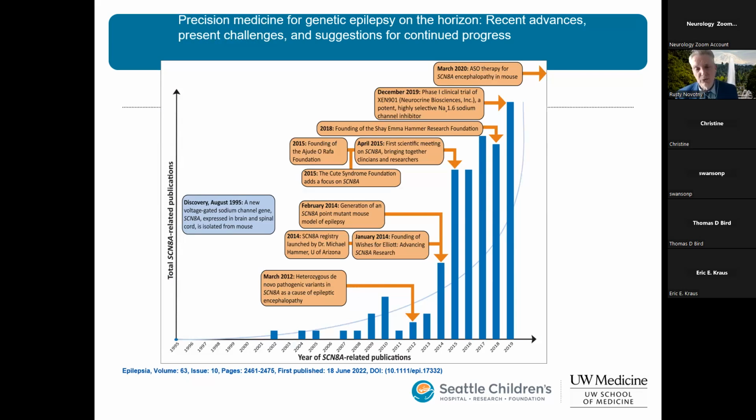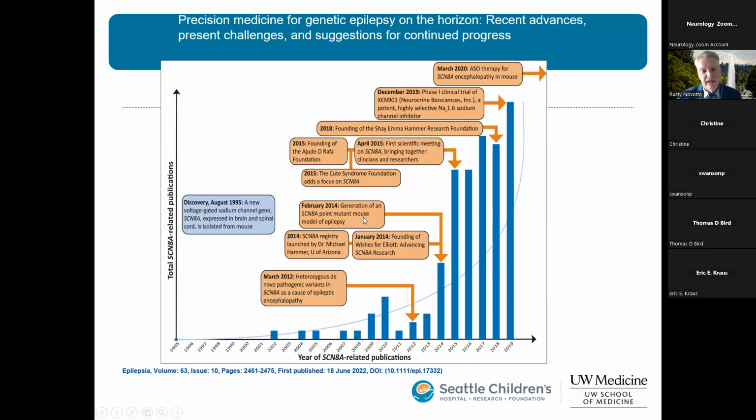In 2012, de novo pathogenic variants were identified in certain individuals with epileptic encephalopathies. A neuroscientist in Arizona named Mike Hammer, whose daughter has SCN8A, started creating a registry as well as developing a patient advocacy group in 2014.